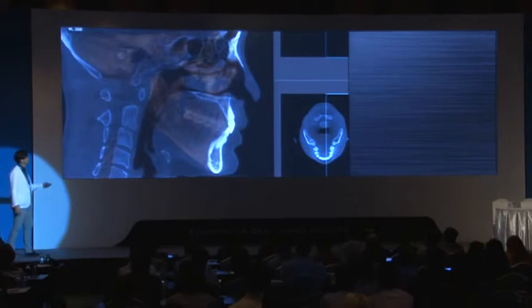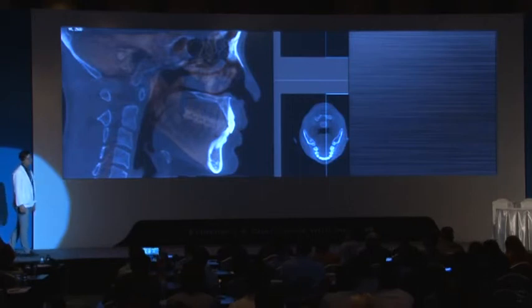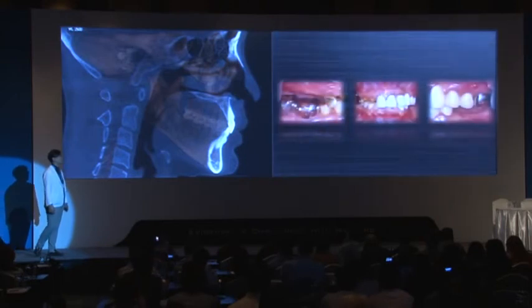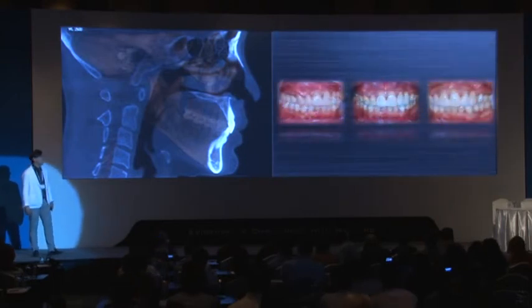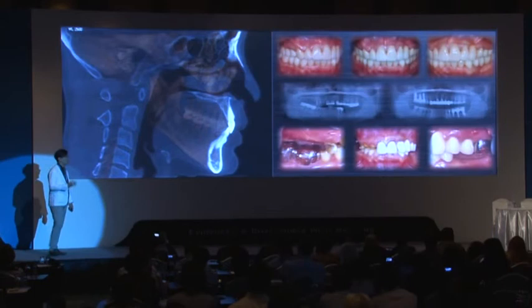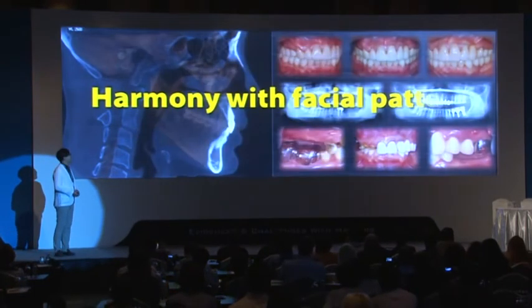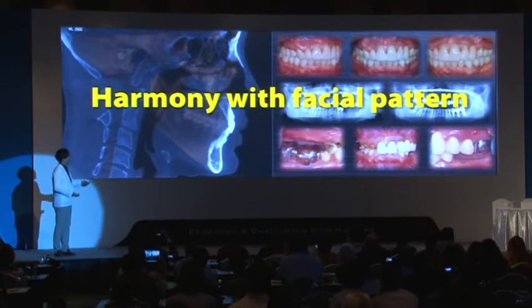But using the CBCT, we can cut the image and get the images which we want. So you can see very nice and very clear images like this. Using this, we can make more aesthetic and more functional prosthetics or implants. This is very important.